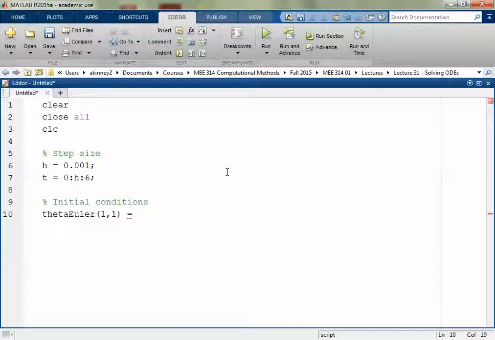We're going to deal with thetas and omegas in radians per second, so we don't have to worry about degrees. And then I'm going to pick my initial omega. So omega Euler 1, 1 is going to be equal to 0. I'm going to say we start with no initial angular velocity.